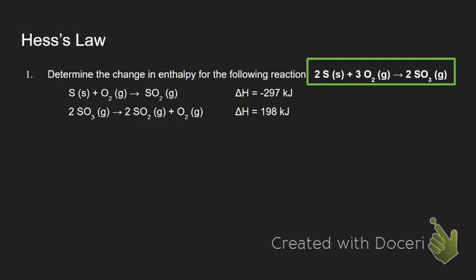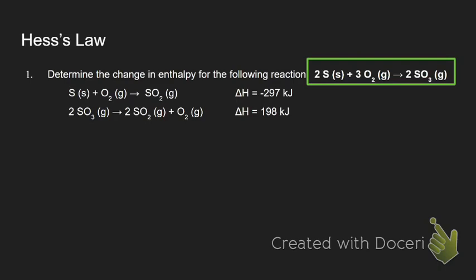Okay, so what I'm going to do is manipulate the step reactions to match what's happening in my overall reaction. The ways that you can manipulate these reactions is you're allowed to reverse the reaction.